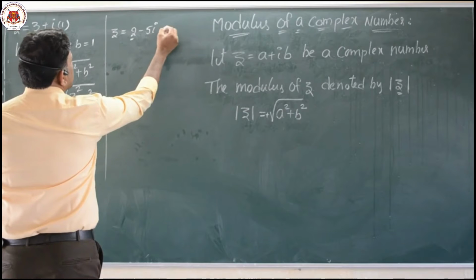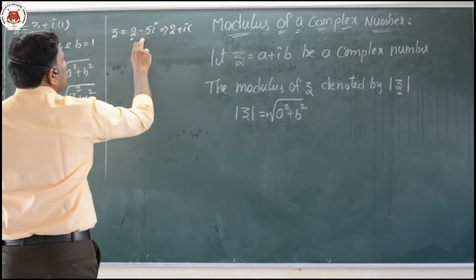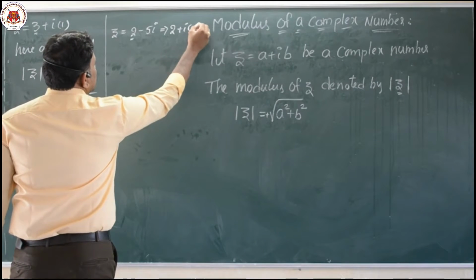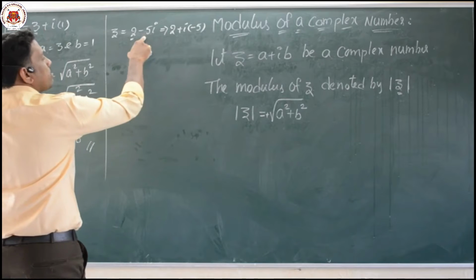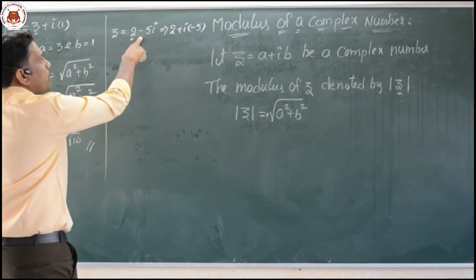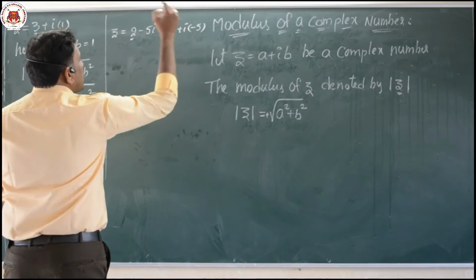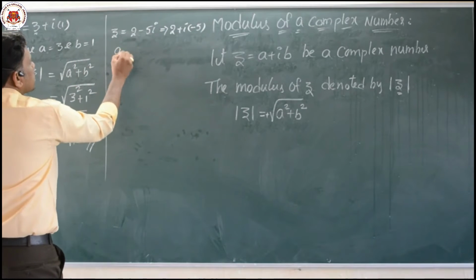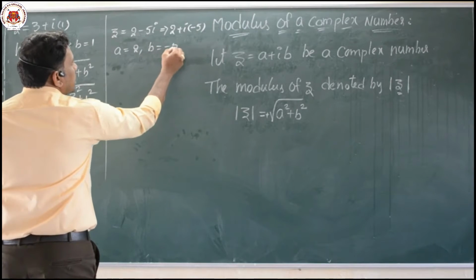Just a little bit of changing here. 2 means 2 plus i, and what about this minus 5? You can write it in this bracket. Because of plus into minus, minus 5i, I am converting this complex number into the form A plus iB. Now here A equal to 2 and B equal to minus 5.